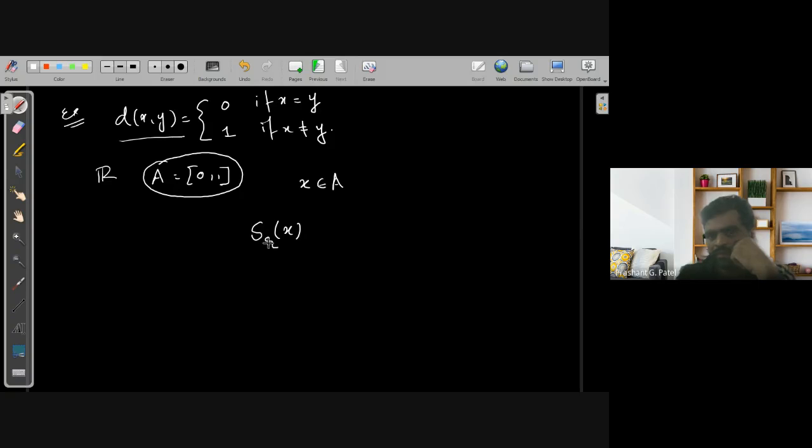If I pick this r as 1, then what will this be? The set of all x such that d of x comma x0 is less than 1. So the radius I have taken is 1.